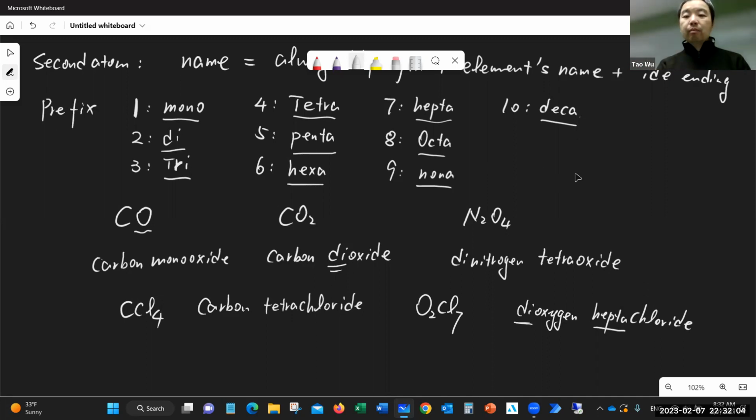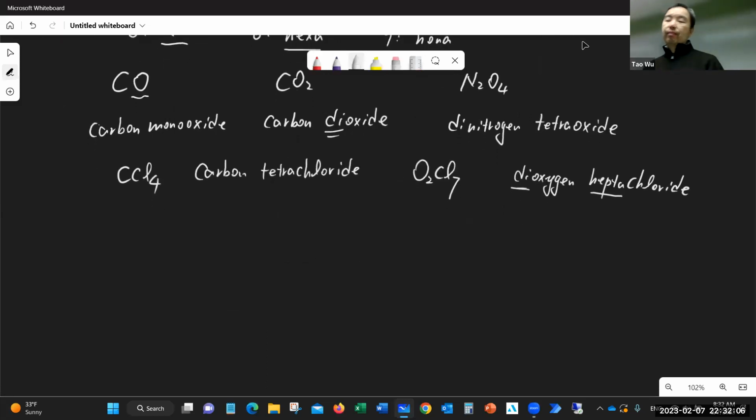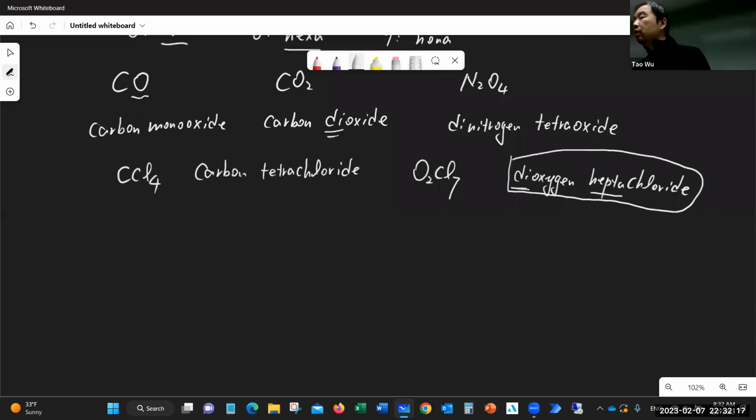One important thing is that if I give you a name like dioxygen heptachloride, some students make a mistake and write the formula like this.